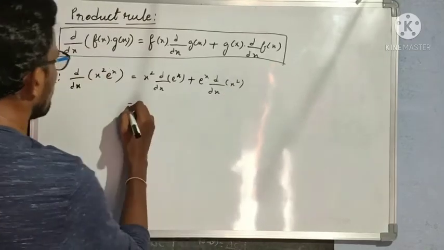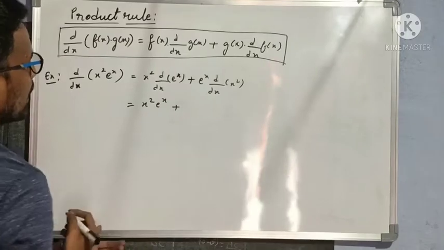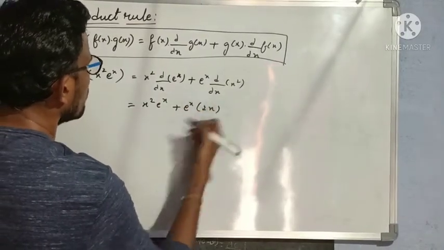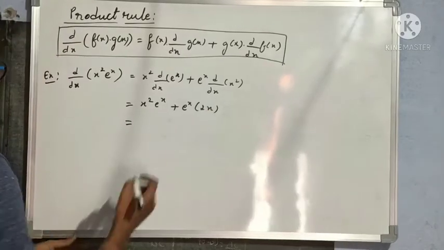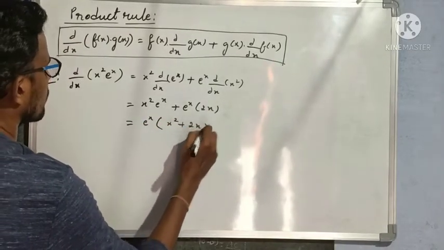So that is equal to x square as it is and d by dx of e power x is e power x, plus again e power x as it is, d by dx of x square is 2x. So that is equal to, when I take e power x common in both, then I will get x square plus 2x. This is the answer.